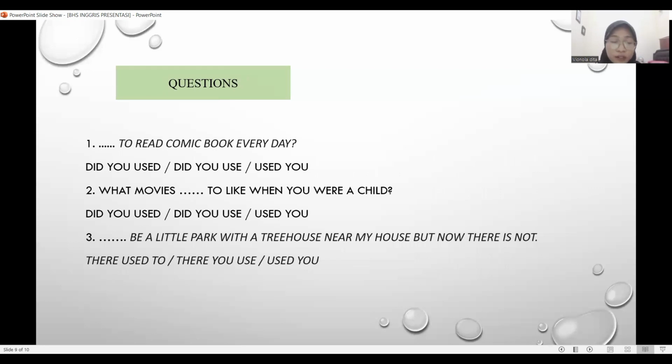Question number 1. Blank to read comic books every day. A. Did you use? B. Did you use? C. Used you. Number 2. What movies blank to like when you were a child?